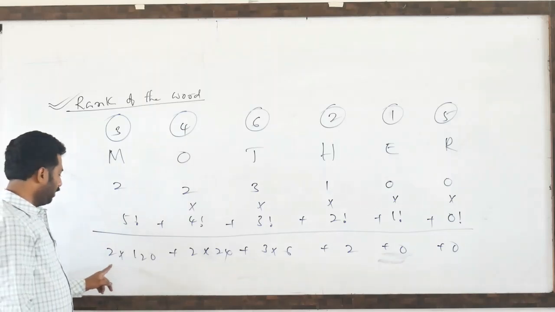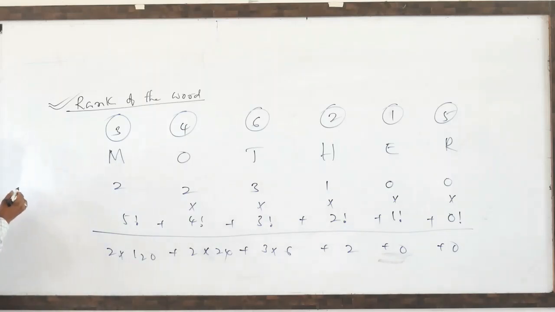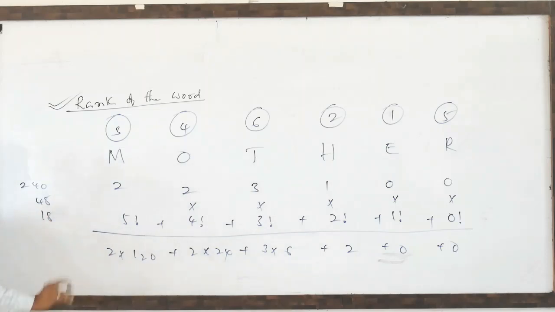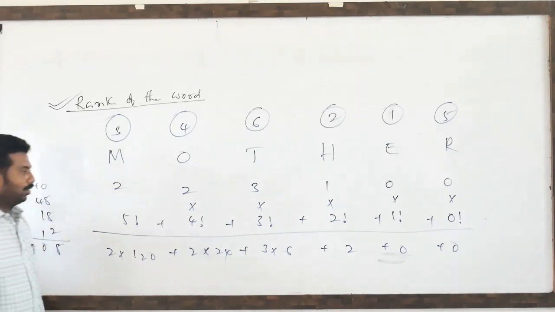So you tell me, this is 240 plus 48 plus 18 plus 2. So this is 309.